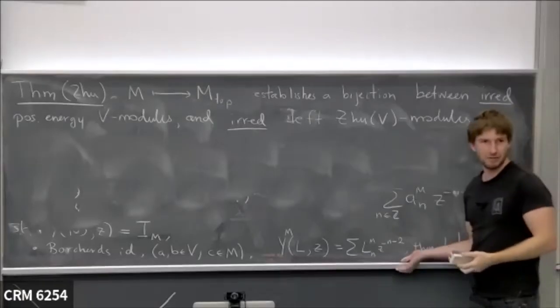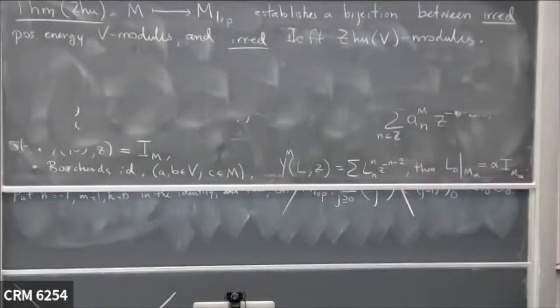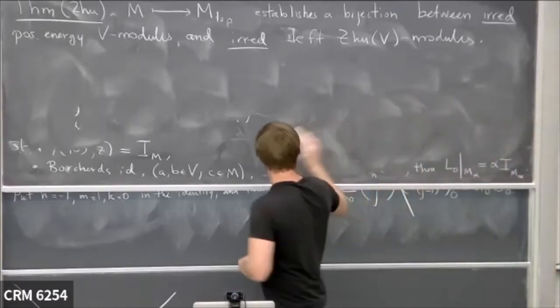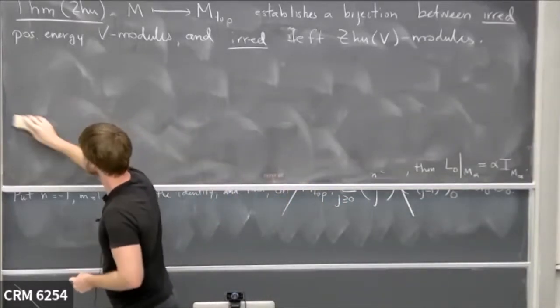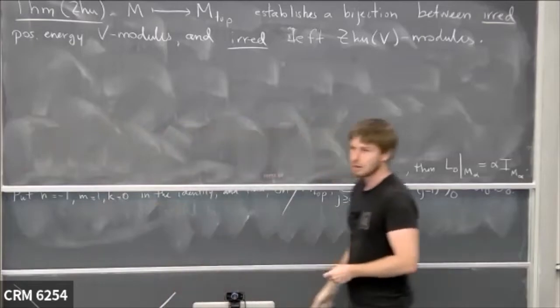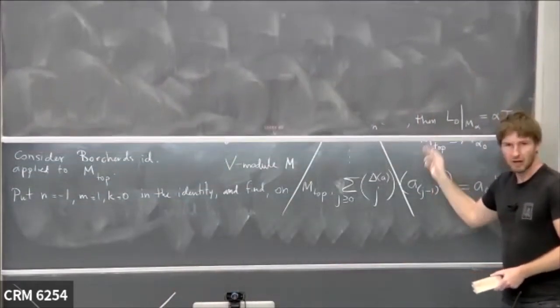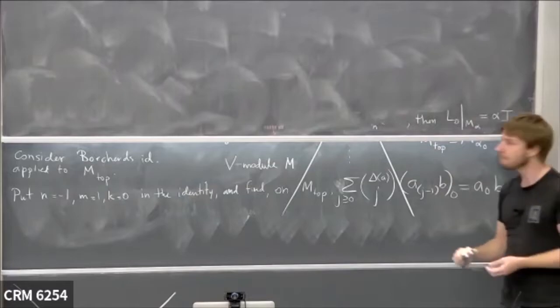The really miraculous part is that this association establishes a bijection on the level of irreducible modules. And there is no hypothesis of dimension for this theorem. It's any, even if it is infinite dimensional. Maybe we want countable dimensional. But it's under pretty weak hypotheses. It's a pretty general result.